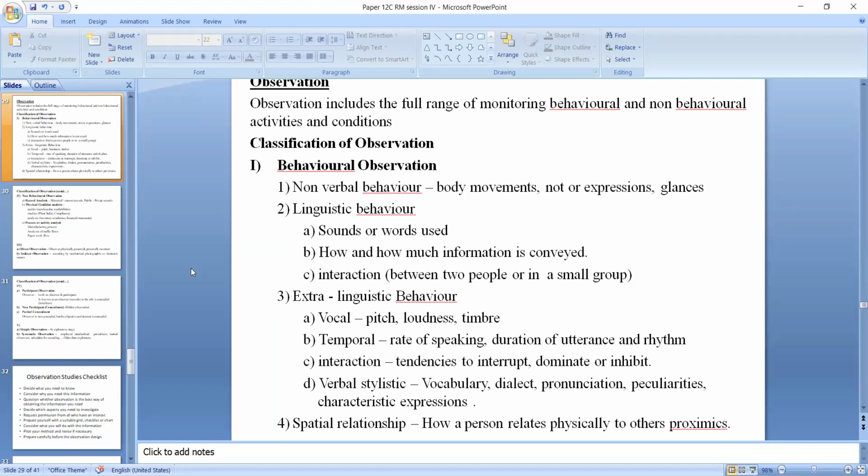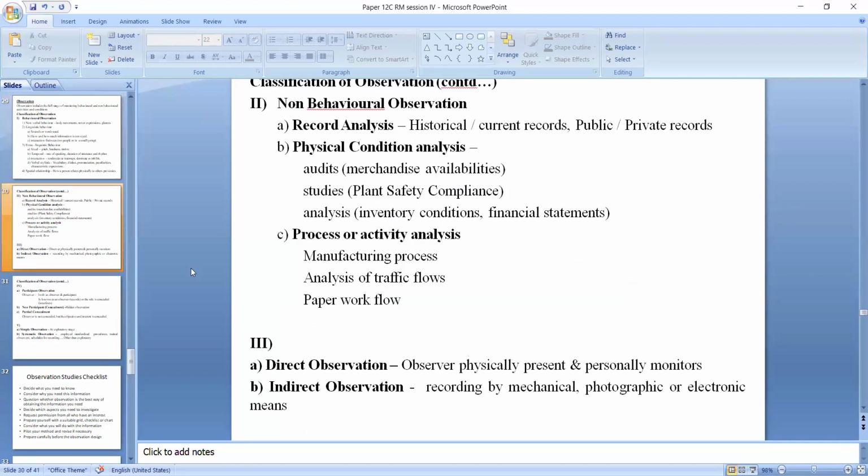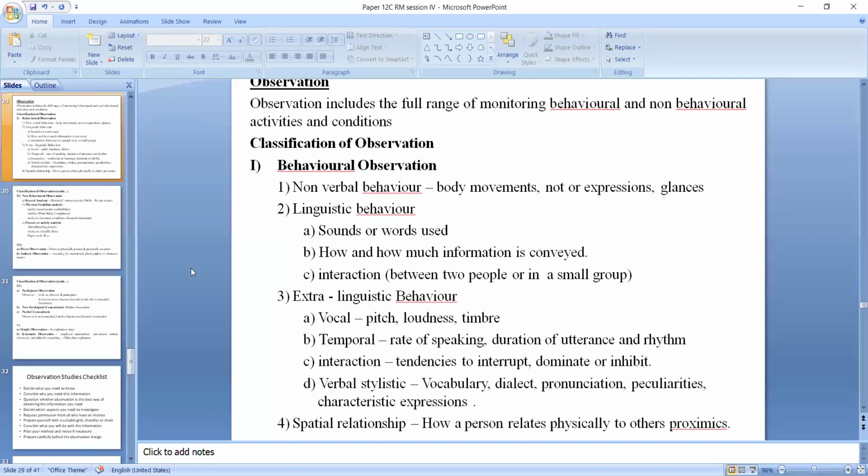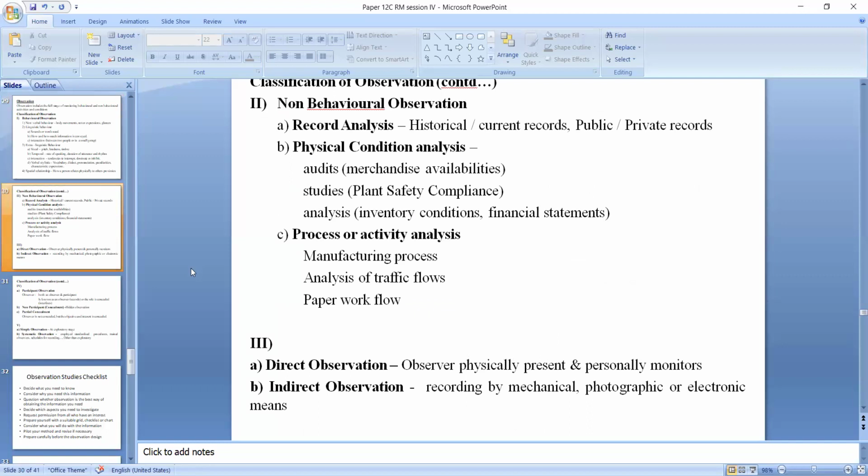And regarding linguistic behavior, sounds and all that, an expert is essential for recording all that. Non-behavioral observations are broadly the secondary database. This was primary database because you are actually observing. Here you are observing the secondary data, the records and n number of things.